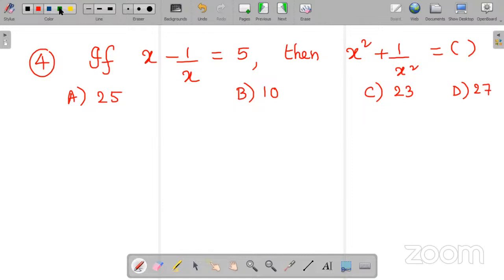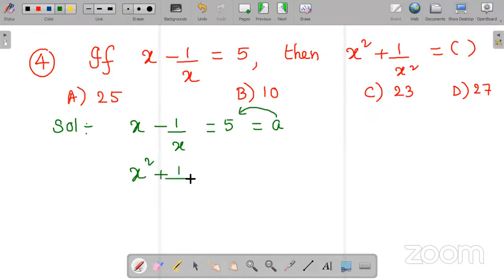Right. Here, see the shortcut. x minus 1 by x is equal to 5, given, this 5 is a. Now x square plus 1 by x square is equal to, we have the super shortcut, a square plus 2.